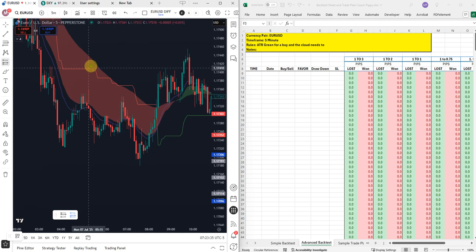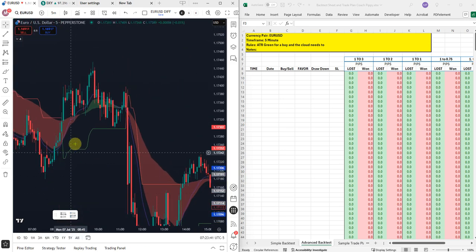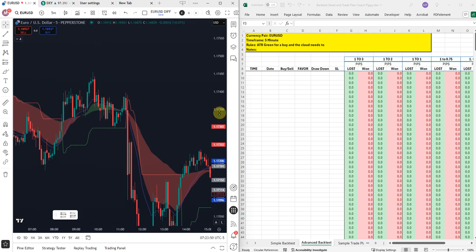This is the cloud, where it's red here and has the red ATR, and here is the cloud after it turns green. But that's past our trading window, so we're done. That's an easy day, no trades taken.